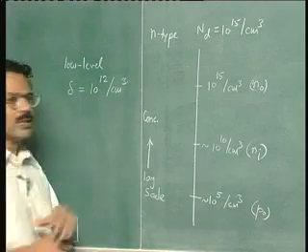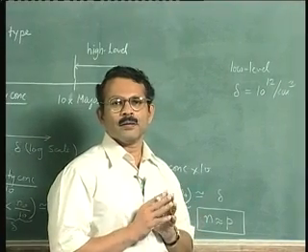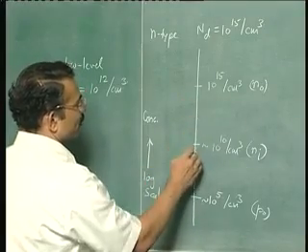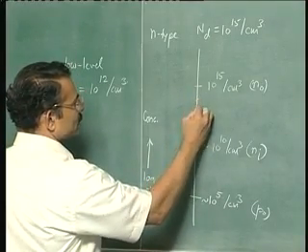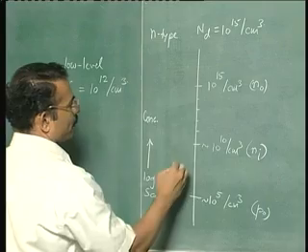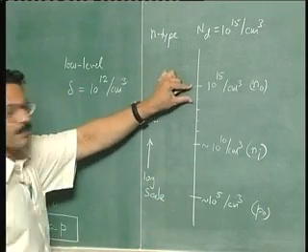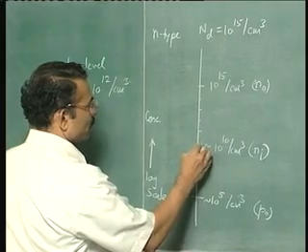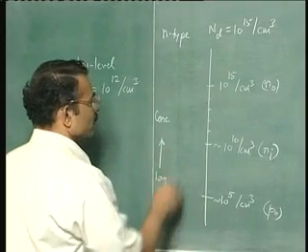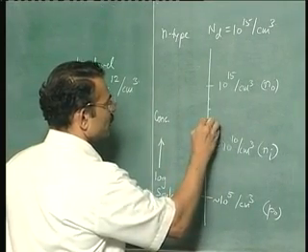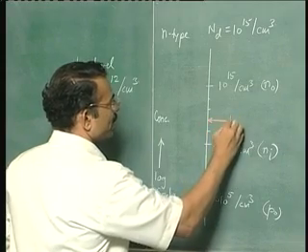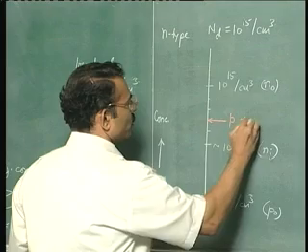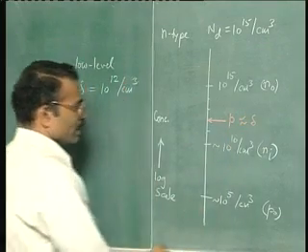So excess carrier concentration is equal to the minority carrier concentration. Now let us locate 10 power 12 on this. Each of these is a factor of 10, so this is 10 power 10, 10 power 11, 10 power 12. So this is your concentration p, which is approximately equal to delta itself for low level conditions.